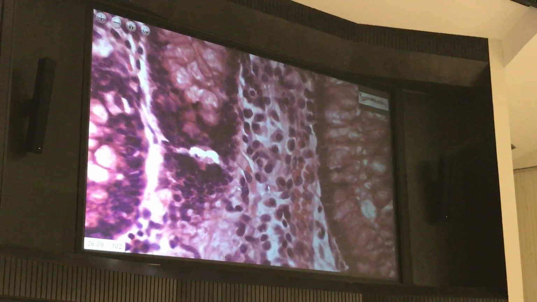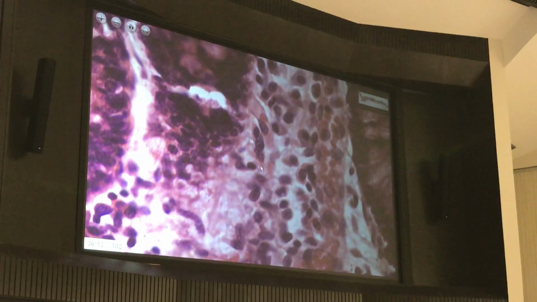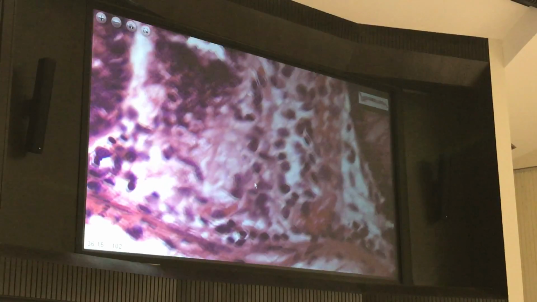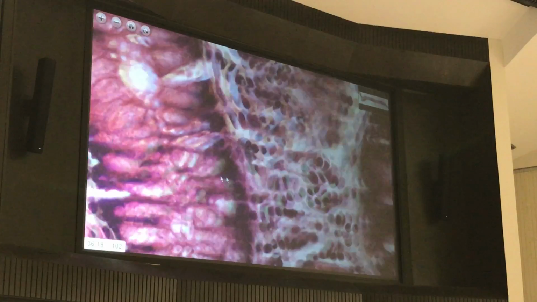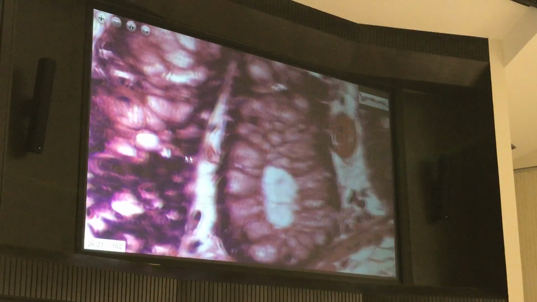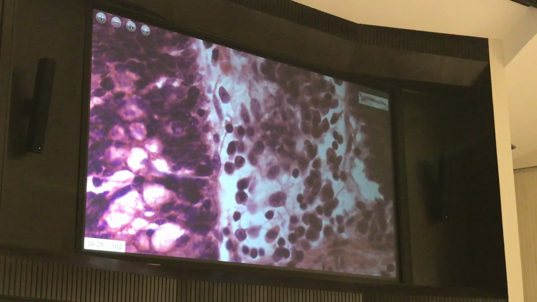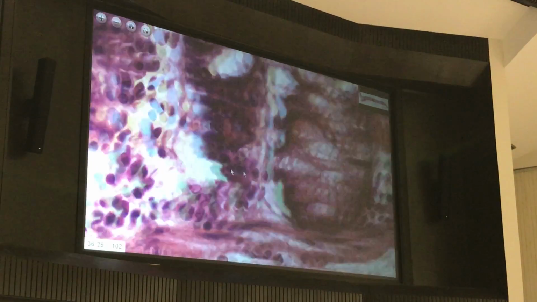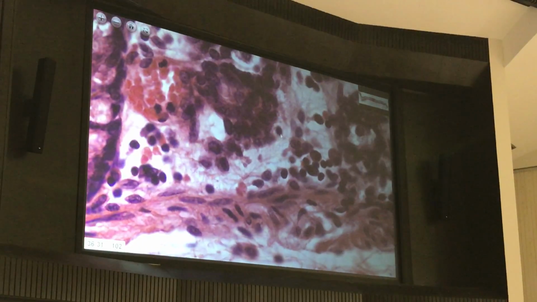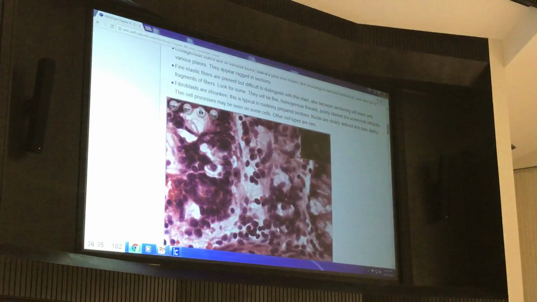So this is technically a loose connective tissue as well. Okay? And we can't get high enough magnification here. If we were in the lab, we could go under oil objective. A lot of these cells would be plasma cells, secreting antibody just in case there's something in there that we need to protect against.